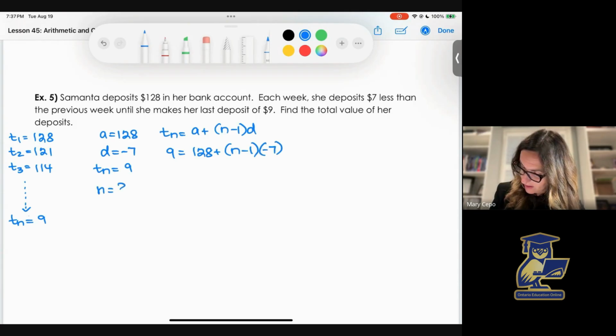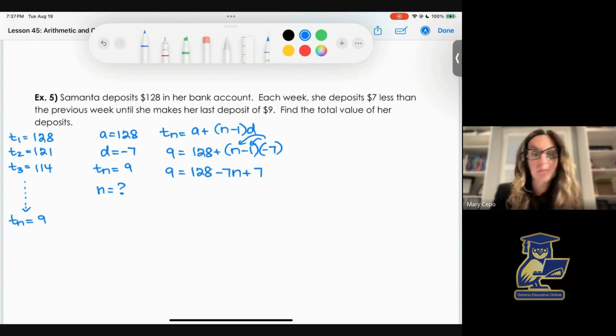We need to know what n is. Make sure when you're expanding with those signs, negative 7n, negative times a negative is a positive. So 9 is equal to 128 plus 7, which is 135, minus 7n.